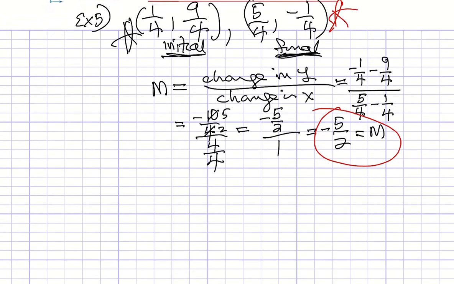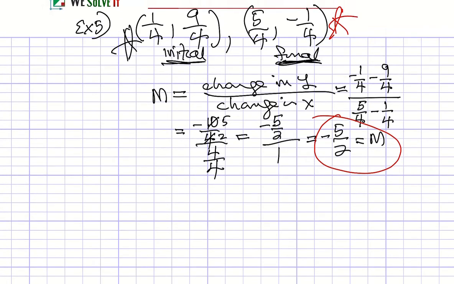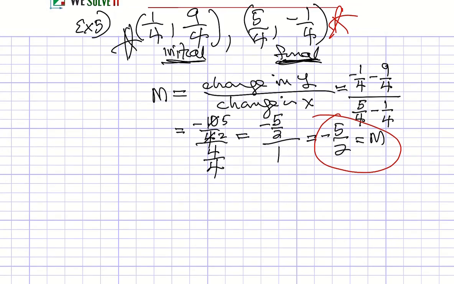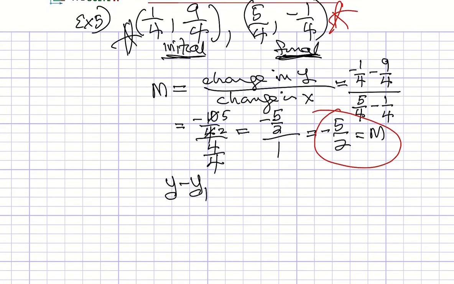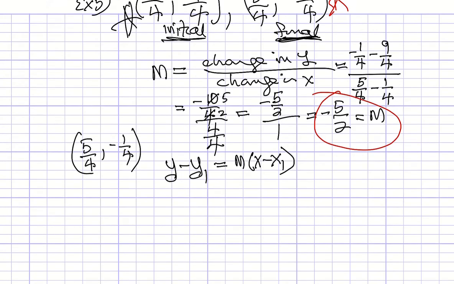We use the point-slope formula, which is y minus y1 equals m times x minus x1. And then I'm going to use the other point, 5 over 4, minus 1 over 4. That's the point I'm going to use.